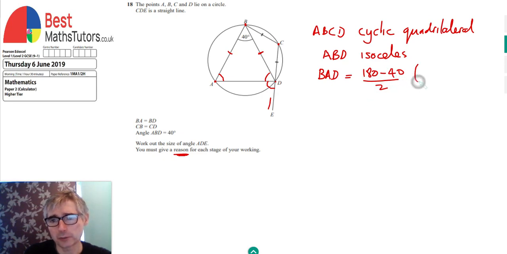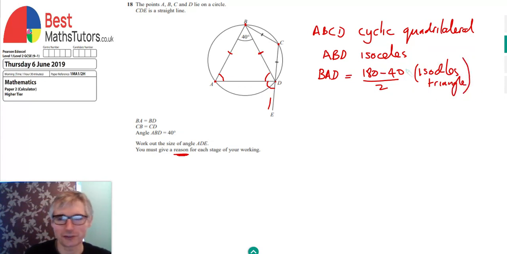And I can give a reason, just put it in brackets: isosceles triangle. The writing is a bit messy because of the pen I'm using, but if I work that out, that's 140 over 2, which is 70.